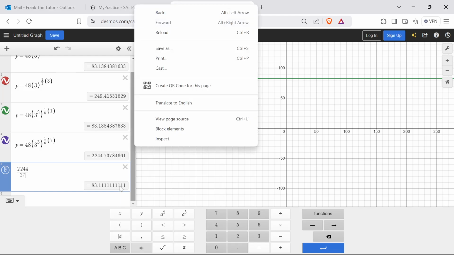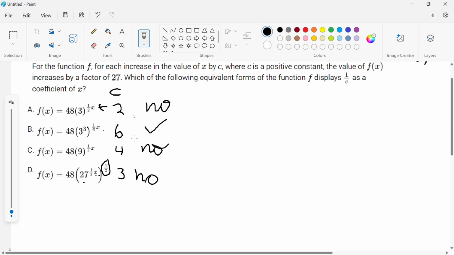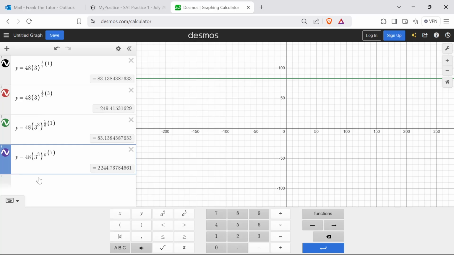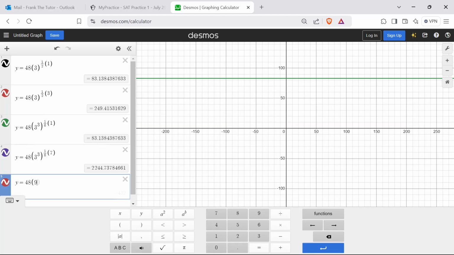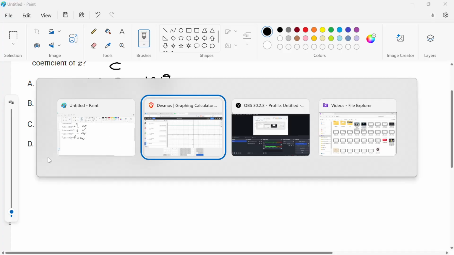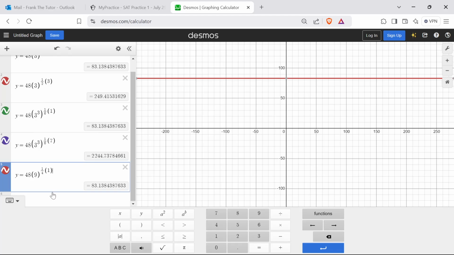That one looks good. I mean, I'd have to do all the decimals to make sure. And I'll check the other two just to make sure they're not close. If they're close, I'll have to be more accurate. So I'll try the third equation, y equals 48 times 9 raised to the 1/4 x. And I'm starting at x equal 1. It doesn't matter as long as I increase it by c each time.